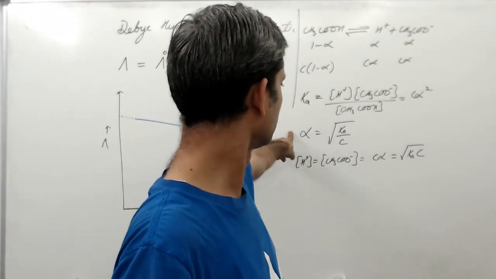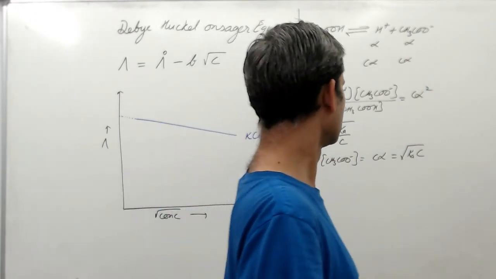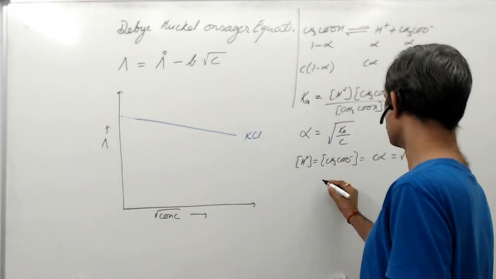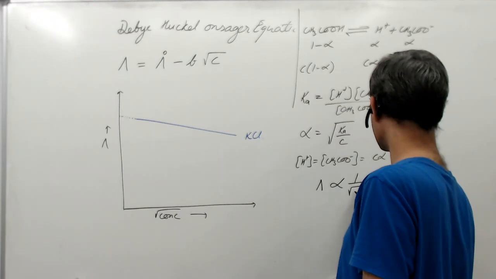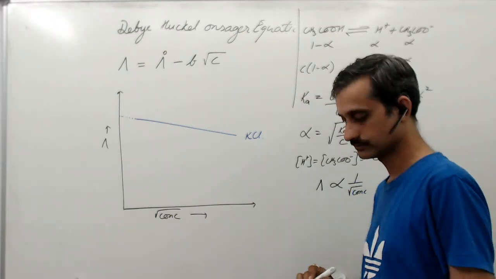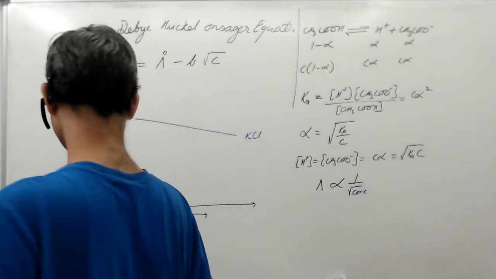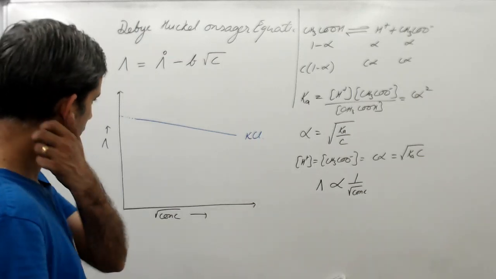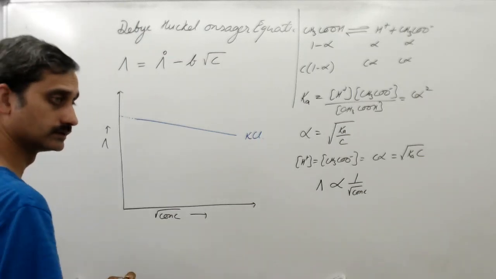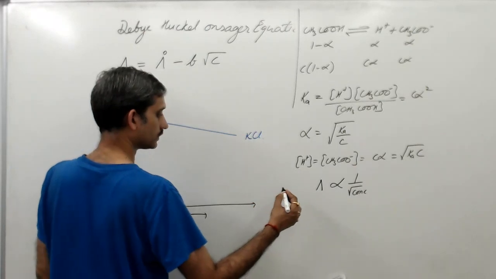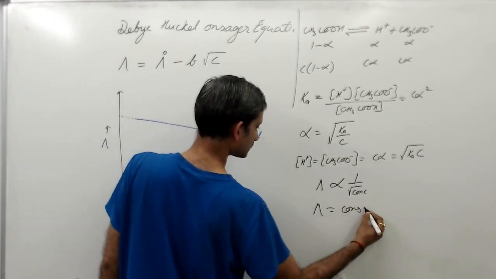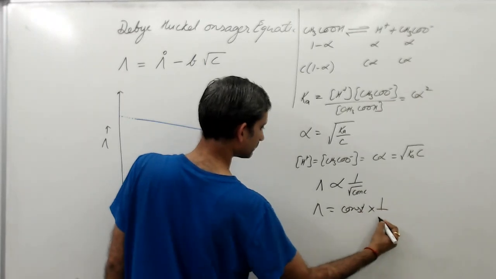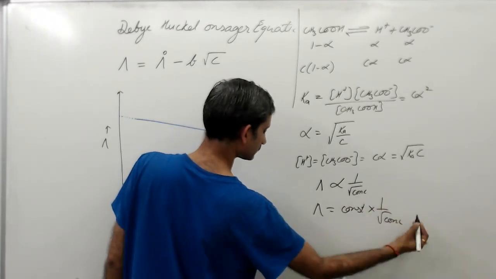So if molar conductance depends on alpha, that means molar conductance would be proportional to 1 by under root of concentration. Clear? Yes, sir. Now, lambda would be equal to a constant multiplied by 1 by under root concentration.